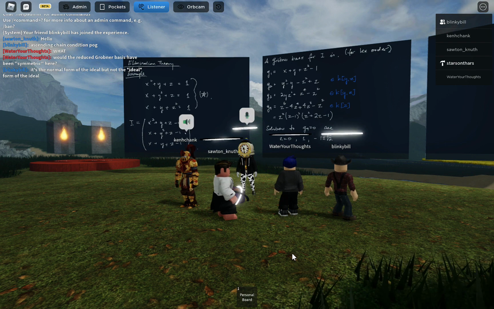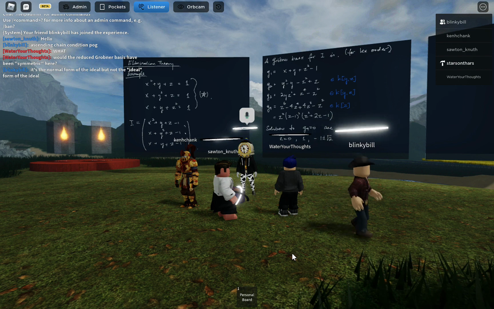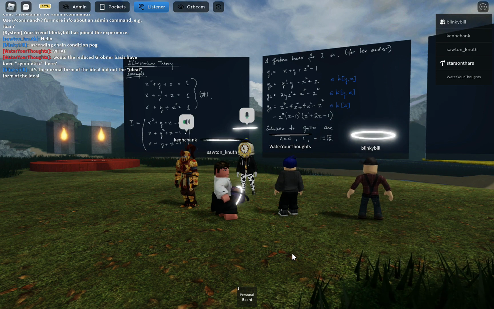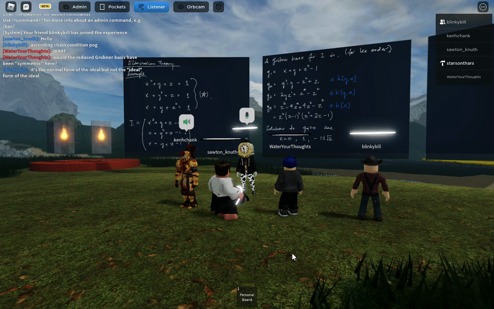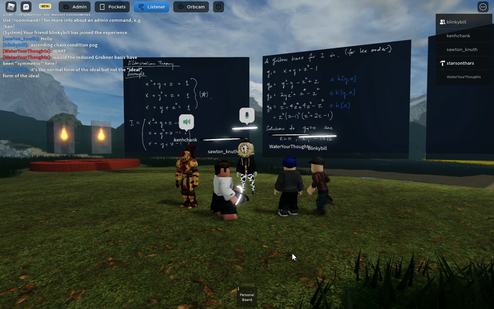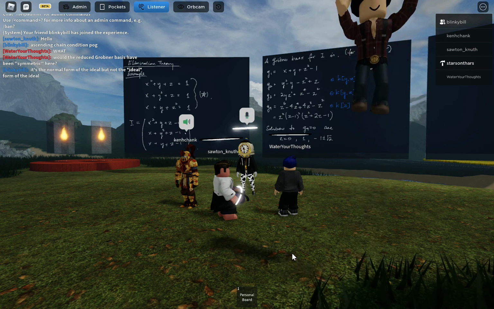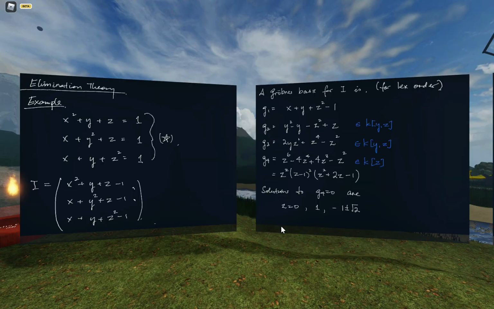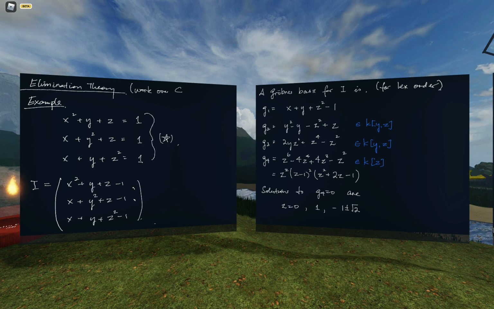And once you have, oh yeah, k better be C. I forgot to say this. We're working over complex numbers because we're solving equations, right? For elimination theory, where our goal is to find points, we don't want to deal with finding rational points over funny fields. So we're just going to work over complex numbers. I'm going to just say that at the beginning: work over C for this lecture.